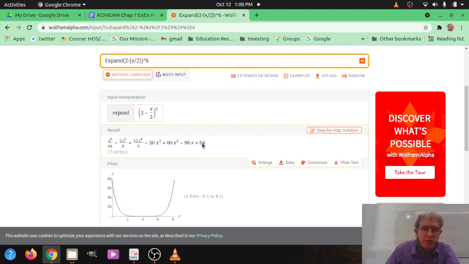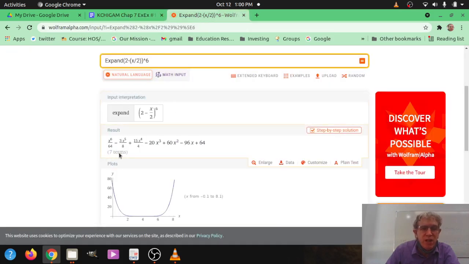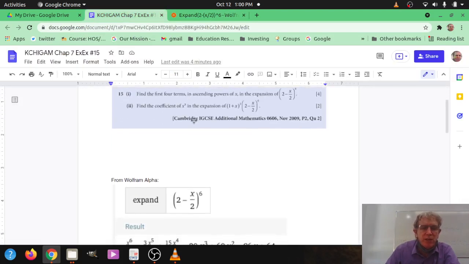So the answer they're looking for is 64 minus 96x plus 60x squared minus 20x cubed. So now I know what I'm looking for. It's probably better than going to the back of the book. I can see, of course, that there are 7 terms in the expansion, which is something I expected.